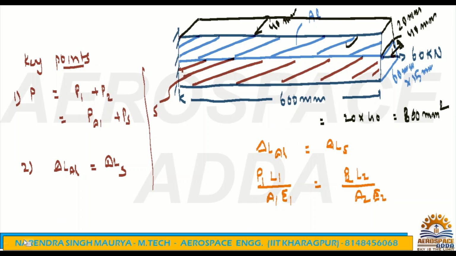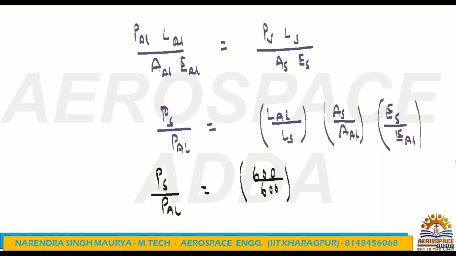The area of steel is clearly given as 60 by 15, which means it's 900 square millimeters. You just keep this data here. So the area of steel is 900, and just now you got the area of aluminum, it's 800.